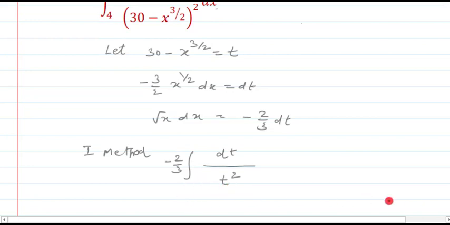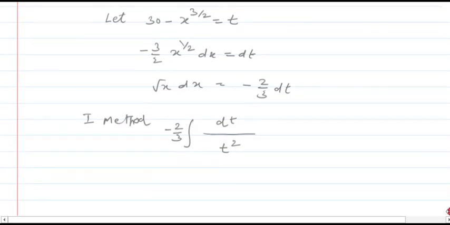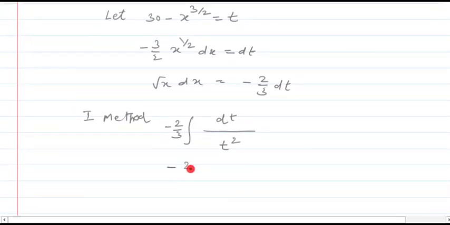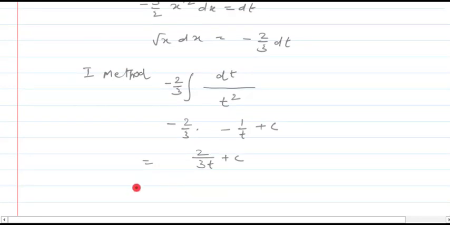So let us find out the integration over here. The integration of this, you know very well, is minus 2 upon 3 into minus 1 upon t plus c. So this can be written as 2 upon 3t plus c. Now, before applying the limit, first of all let us change this t into x again.